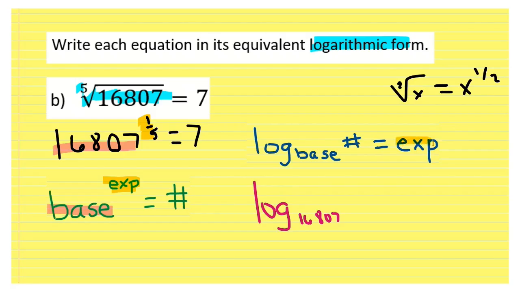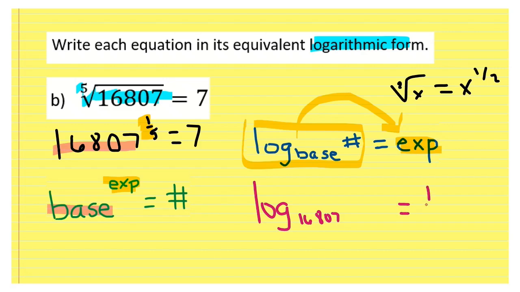So in the exponent position, which is on the other side of the equal sign, because remember, our log is the exponent. So all of this log is that exponent. So I'm going to write it on the other side of the equal sign. My exponent is 1/5. And then what is left over? I've got a number here representing what's left over, or the argument.